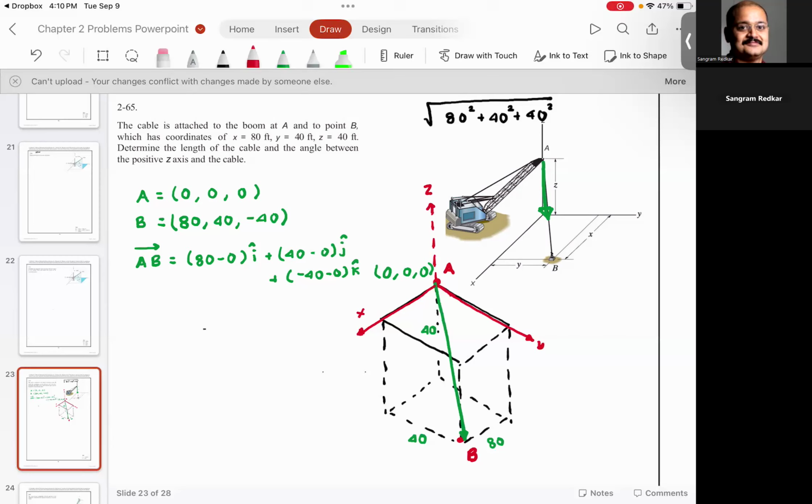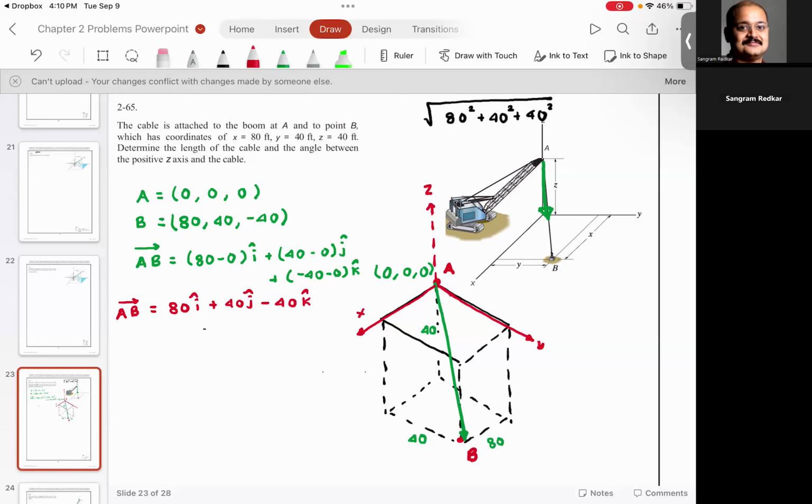It's simple coordinate geometry problem. You have AB is equal to 80I plus 40J minus 40K. Do you agree with me?